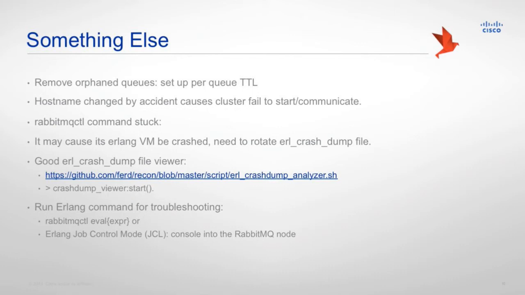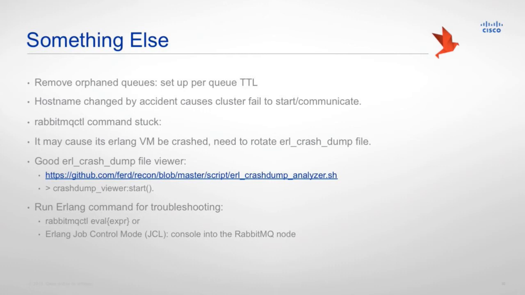Okay, the last one I'll talk about is running Erlang commands for troubleshooting. You know RabbitMQ is built in Erlang. So you can just run rabbitmqctl eval and give the Erlang expression there to run the Erlang command against Rabbit.